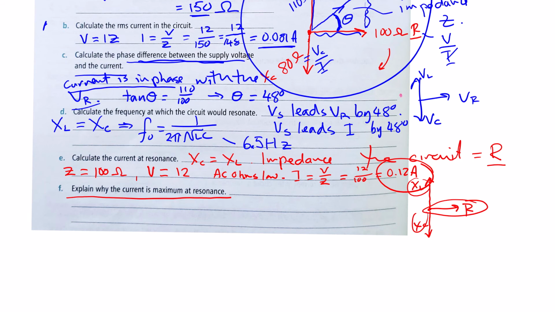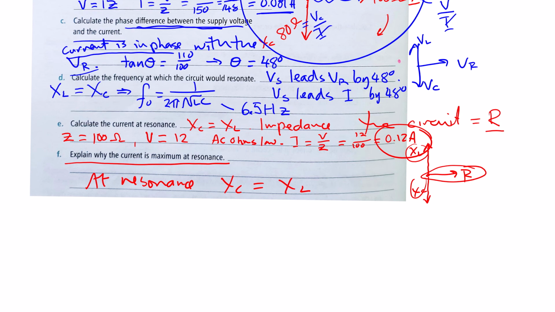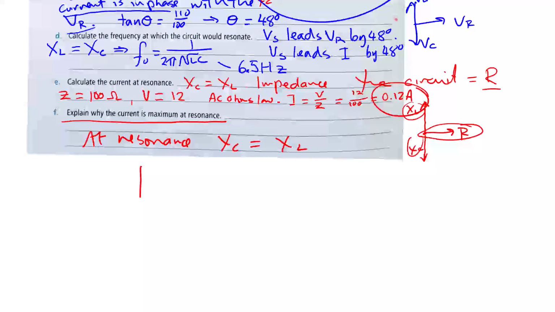And explain why the current is maximum at resonance. At resonance, XC equals XL. So again, looking at our phasor diagram, trying to find the impedance Z, R, XL, XC.